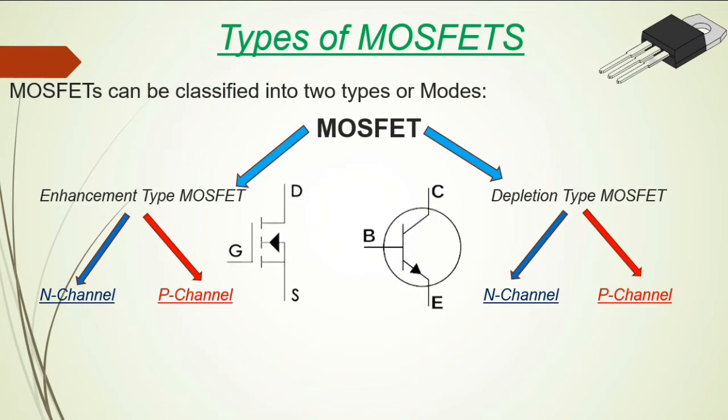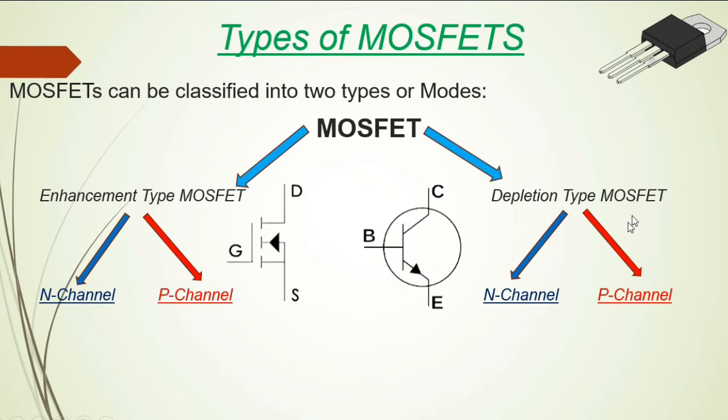The types of MOSFETs. As you see here in these slides, MOSFETs can be classified into two types or modes. The first mode is depletion mode, or depletion type MOSFET. And here we have enhancement mode, or enhancement type MOSFET.